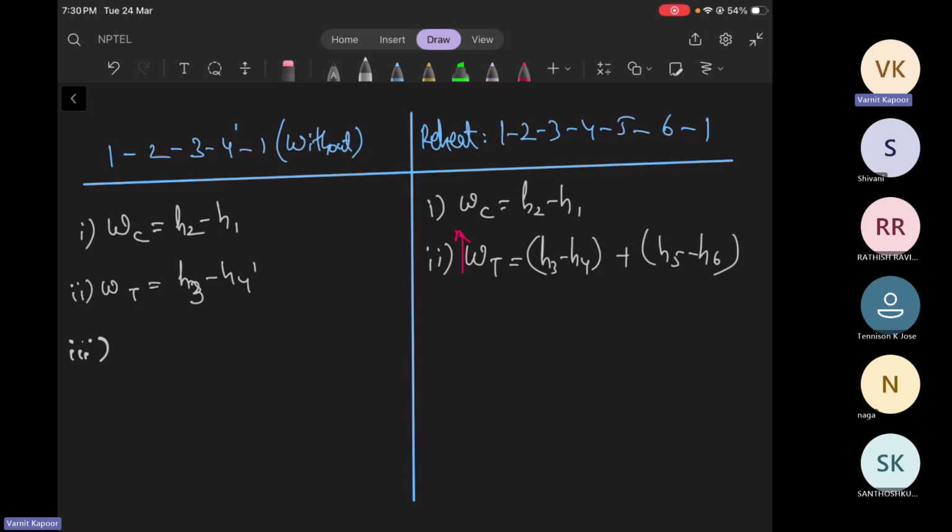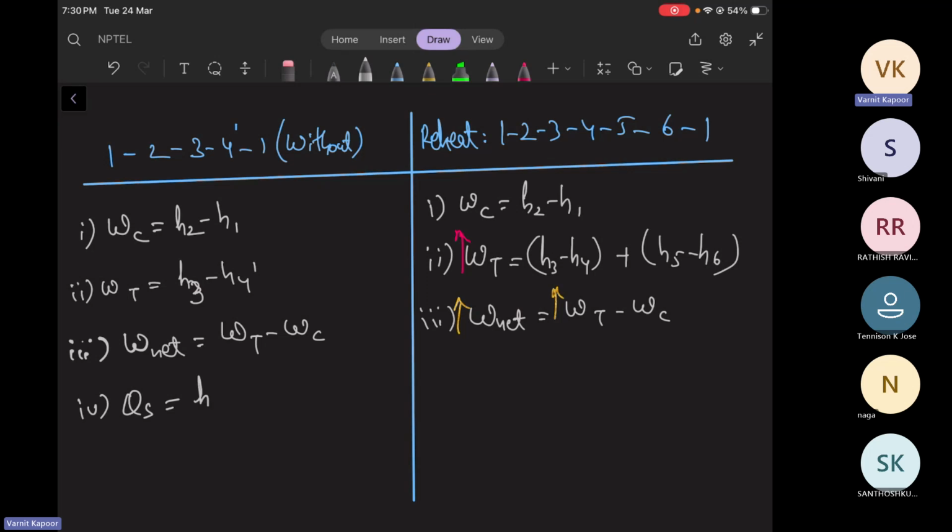Third, net work is work done by turbine minus work by compressor, and because work done by turbine has increased, net work has been increased.